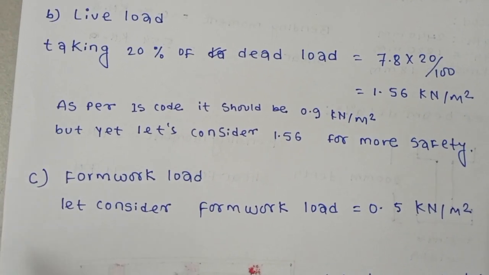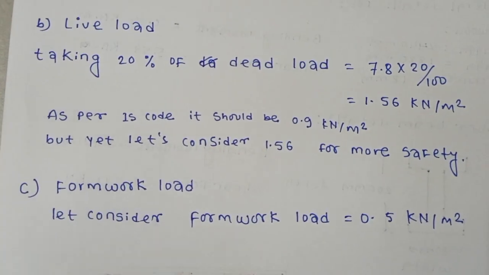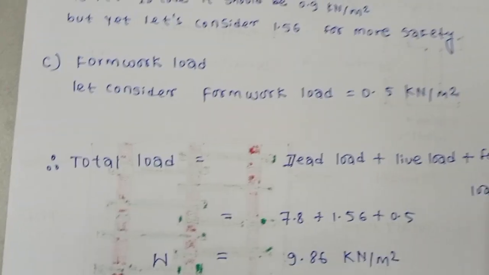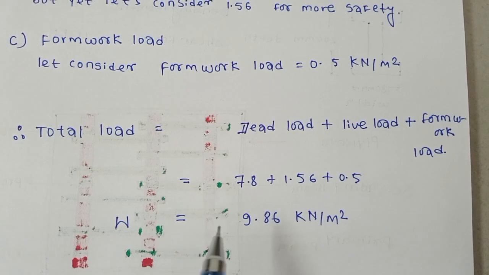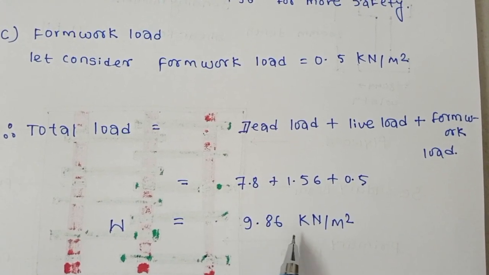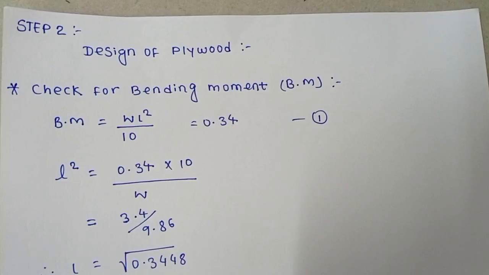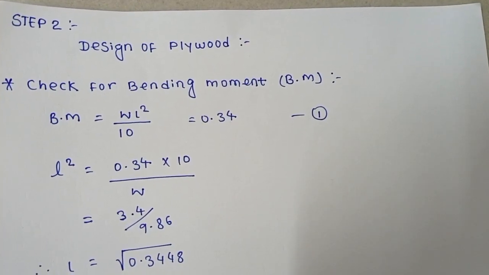Next, total load equals dead load plus live load plus formwork load. So now the total load will become 9.86 kilonewton per meter square. Step 1 we have done, that is load calculation.